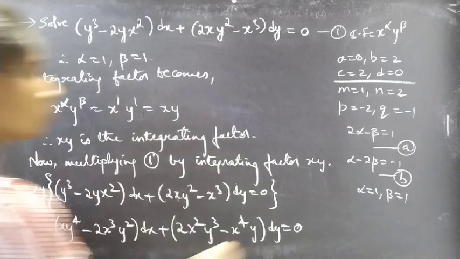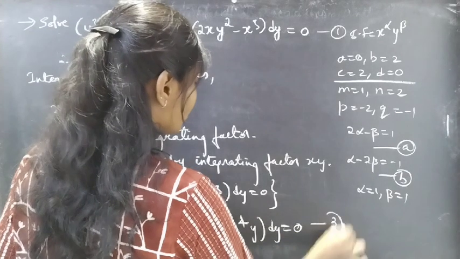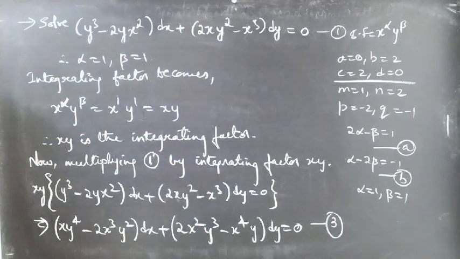Consider as equation number 3, which is in m1 dx plus n1 dy equal to 0 form.